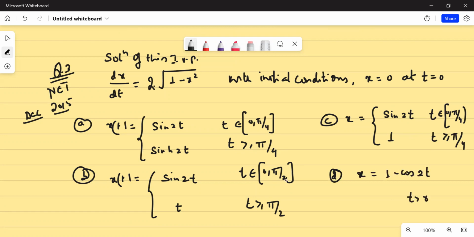And this question was asked in the physics examination only, so it is not a mathematics question. The solution of this IVP will be what? This is what is asked in the examination.